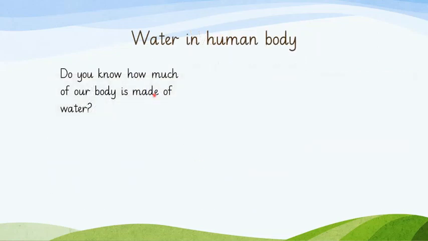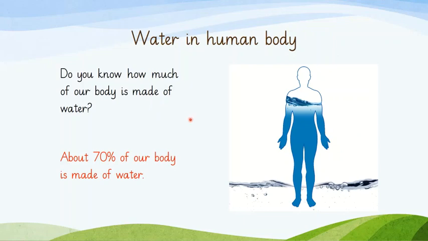Water in human body. Do you know how much of our body is made of water? About 70% of our body is made of water. That is how important water is for us. Without water, we will not be able to live for more than 3 days.